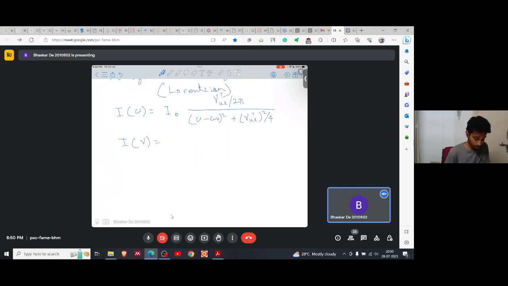And I(nu) equals, so this one is omega, angular frequency, and this one is normal frequency, I naught gamma_ULT by 4 pi square over (nu minus nu naught) whole square plus (gamma_ULT by 4 pi) whole square.